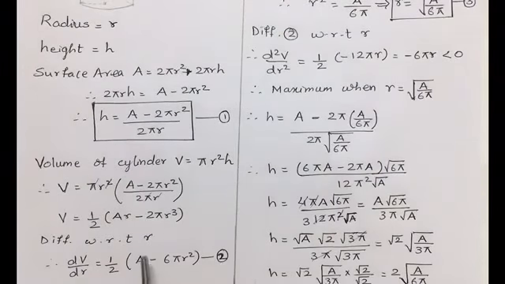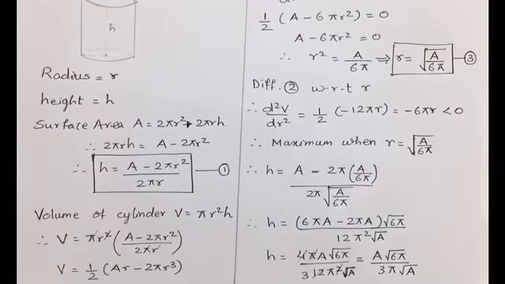Differentiating volume with respect to r, we get half is as it is. R's derivative is 1, so a minus 6 pi r square. Now to calculate the value of r here, the first derivative is to be equated to 0.